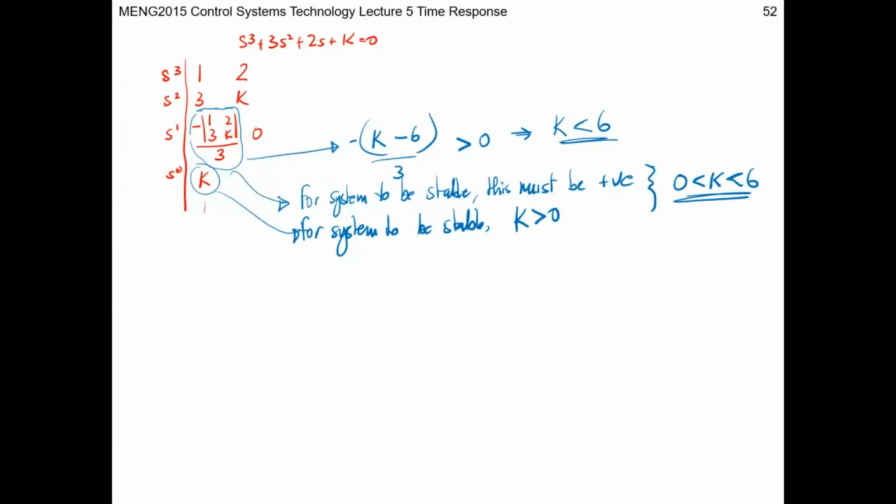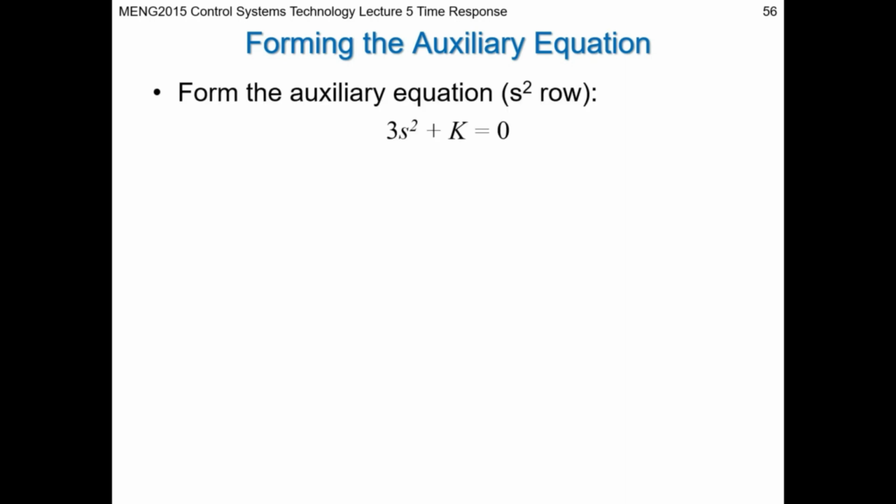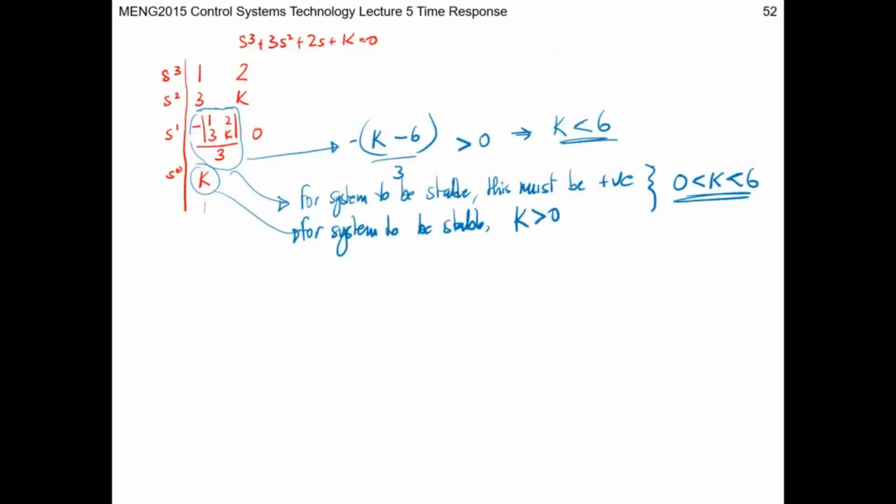Okay, so that's our first condition. Next, we're going to form what's called the auxiliary equation. I did mention this before, but we didn't go into it. So let's have a look at this. The auxiliary equation is formed from the s squared row, which in this case would be this row here.